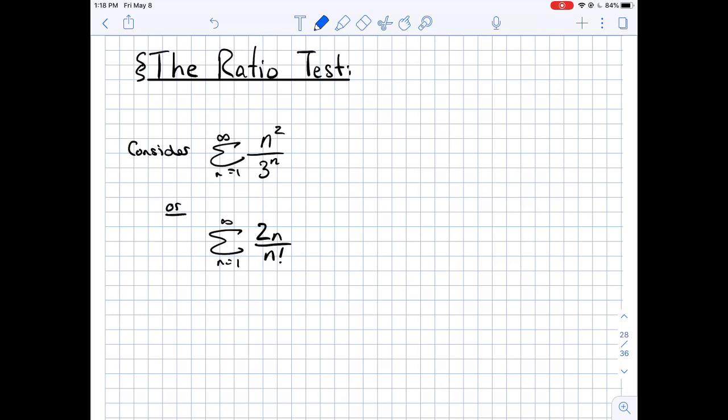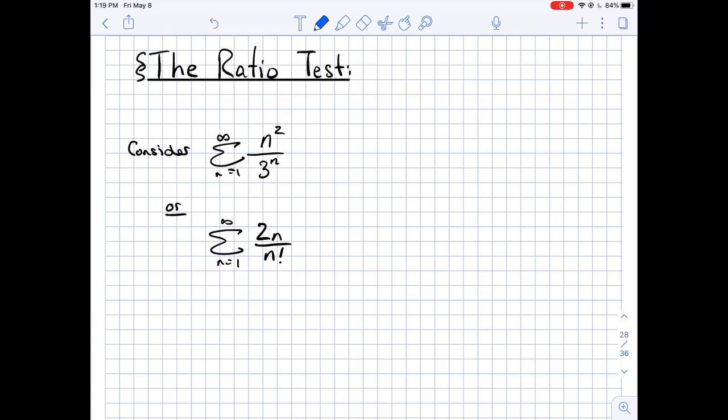Looking at this first one, if you try some of the other tests, they're not going to work. When I look at it, I have a mix of two different things. I have this exponential function, which is similar to a geometric series, but then we have this polynomial term n squared, which makes me think of a p-series.